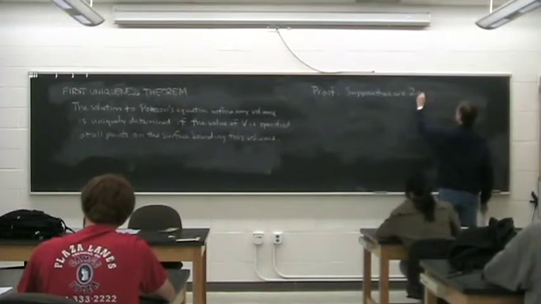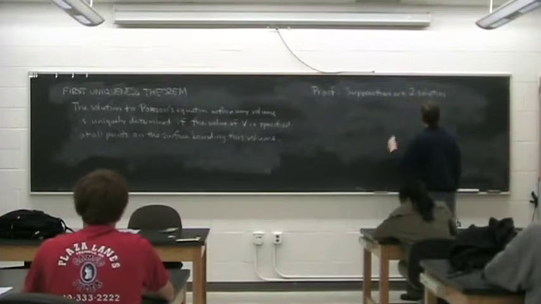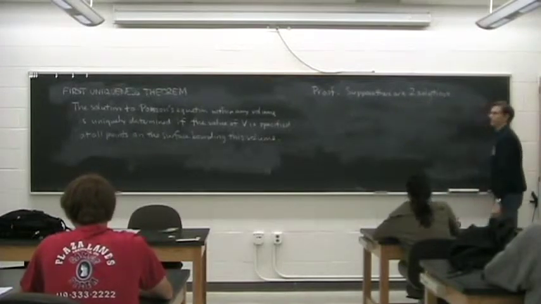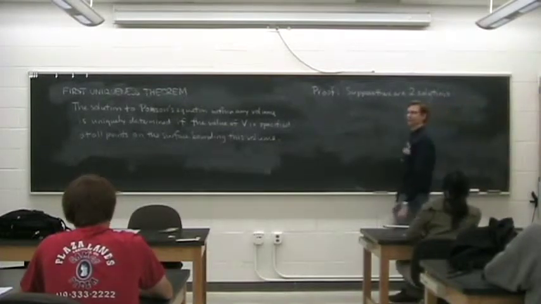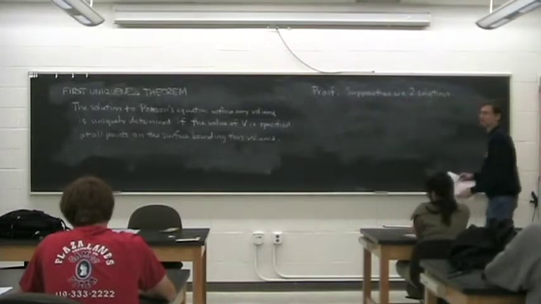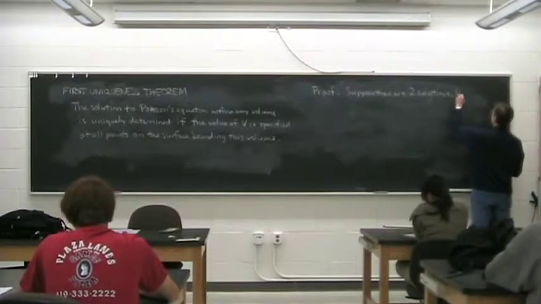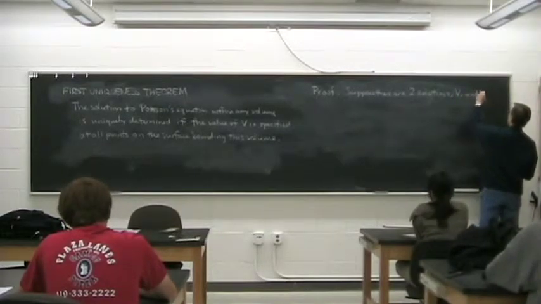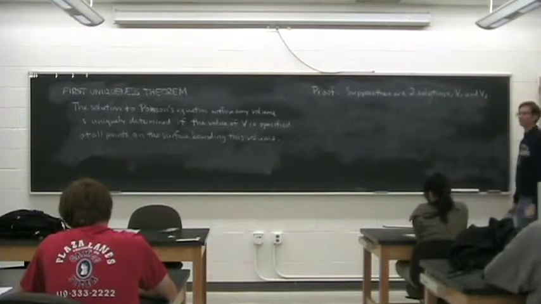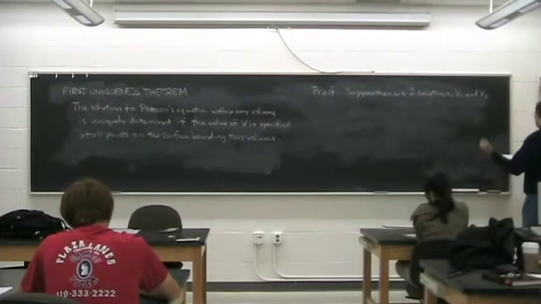Suppose we had two solutions. We're going to do one of these deals where we assume the opposite and show that it leads to something that can't possibly be so. So suppose that there are two solutions, V1 and V2. What we're going to do is show that V1 minus V2 has to be 0 everywhere in space.